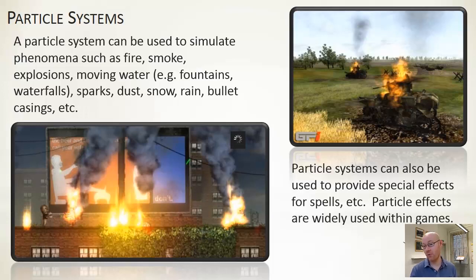We have a 3D and a 2D screenshot, and the flame and the smoke that you see within those are particle effects. They're often used to simulate real-world phenomena, things which otherwise would be quite difficult to simulate using other ways. You can also get them to do fireworks, explosion effects, fancy effects, and it's incredibly broad-ranging what particle systems are used for.